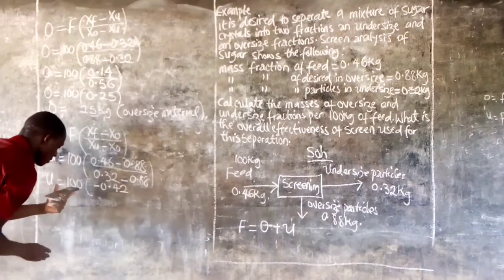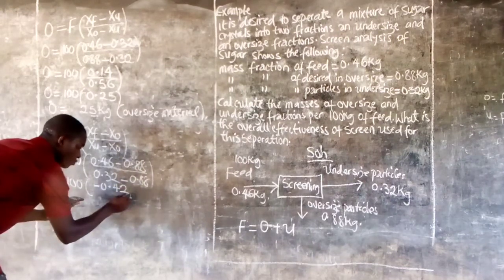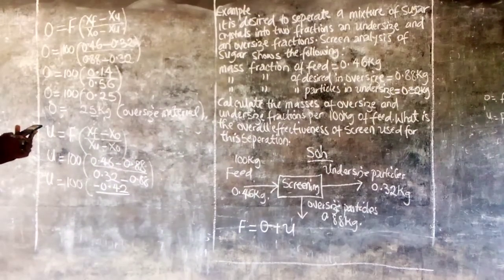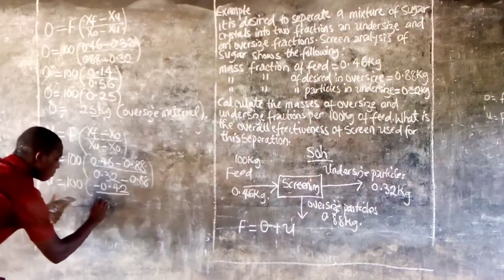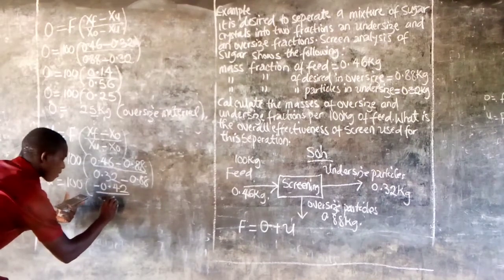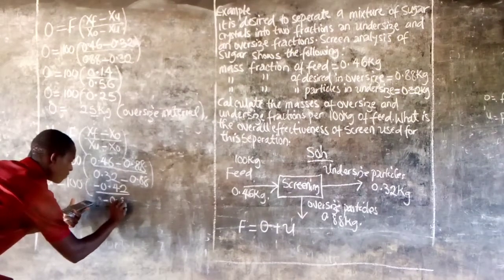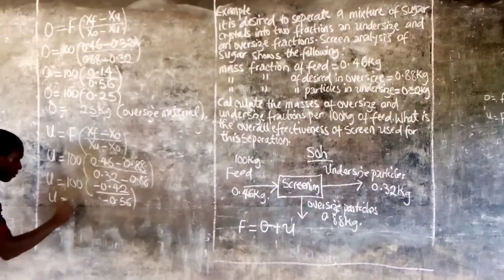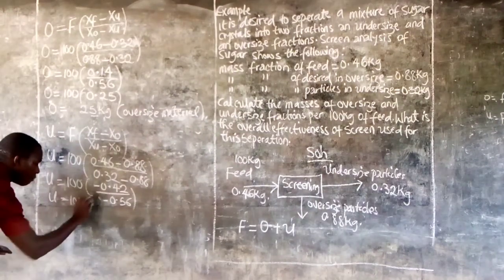Sorry, minus 0.42 all over 0.32 minus 0.88, and that will give us minus 0.56. Right. So now our U will be equal to 100 bracket.